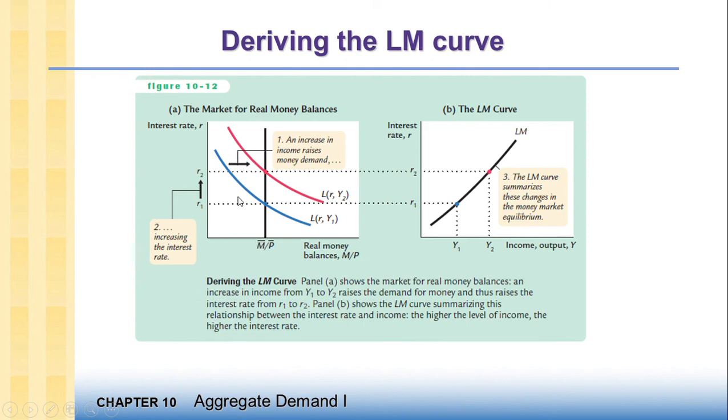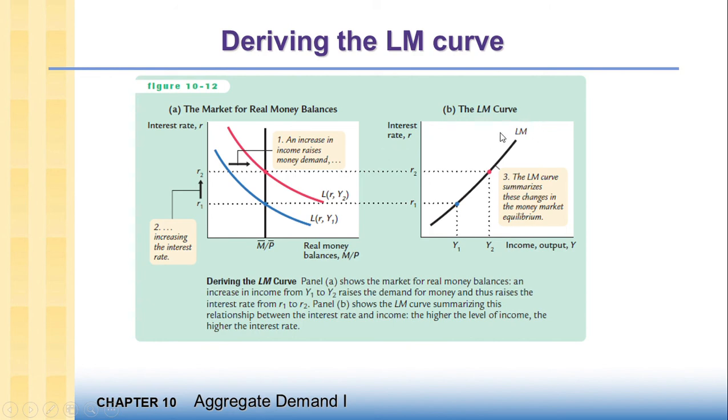At LRY1 and LRY2, R1 and R2 represent the equilibrium level of interest rate, and Y1 and Y2 represent the equilibrium level of income. On the x-axis we are measuring income and output, and the interest rate is on the y-axis.